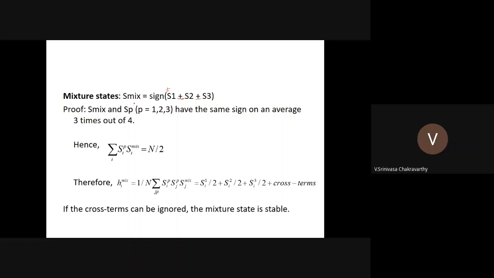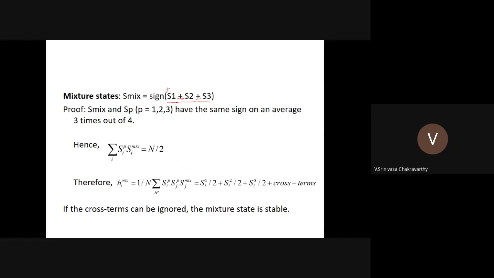So consider this vector S mix, which is given by signum of this summation. Then you can easily show that if n is large, tending to infinity, then S mix can also be quite stable. It will be stable if n is large and all the patterns S are random. So I don't want to go into all these arguments, but you can very easily show this.